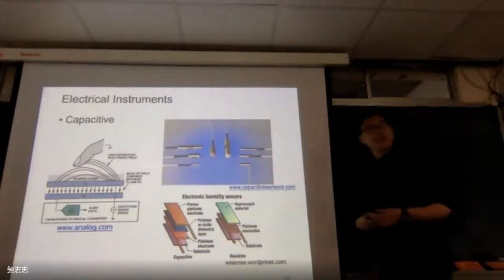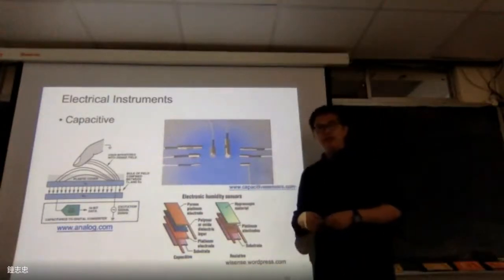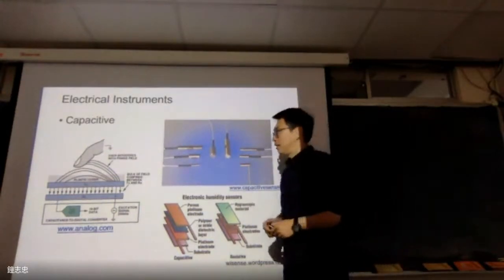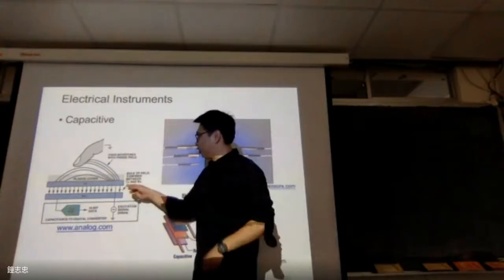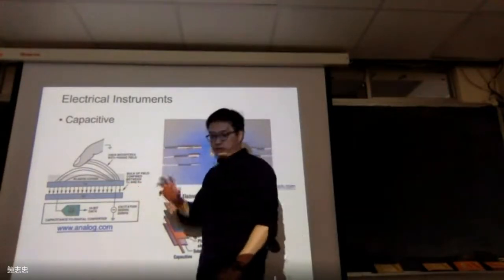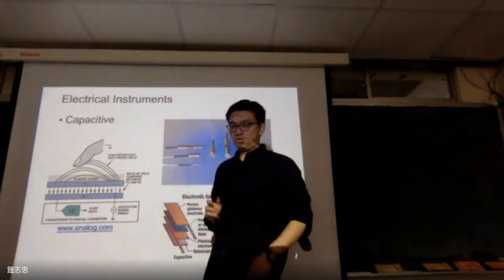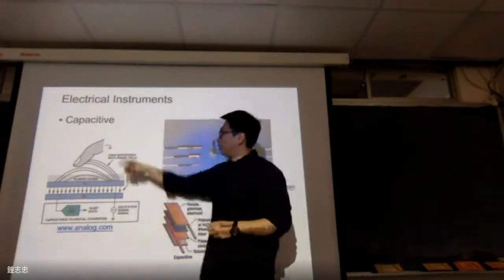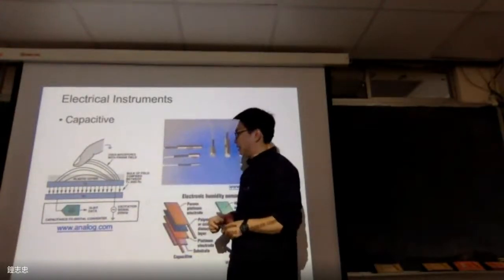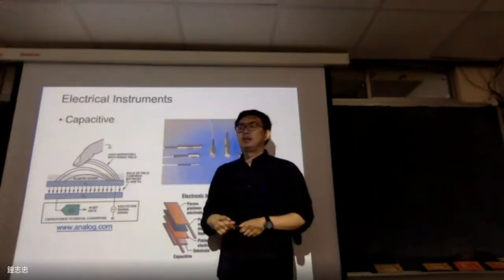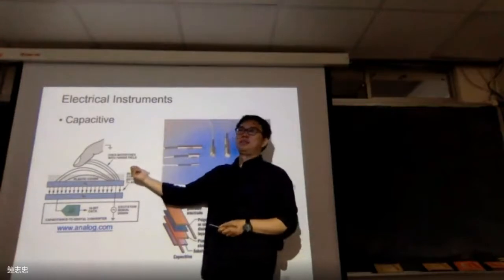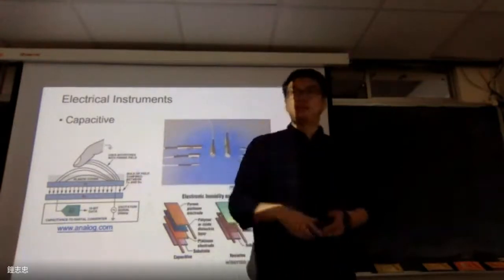Okay, next. Guys, you already know the resistance. Next, I would like to talk about the capacitance, the capacitive reactance. This is the same idea of using the electrical circuit or the electrical principle. We use the capacitance. All of your cell phones use this kind of principle for the touch screen.